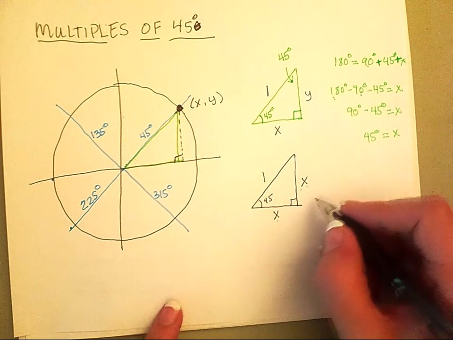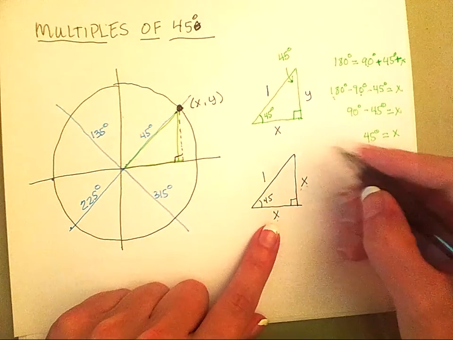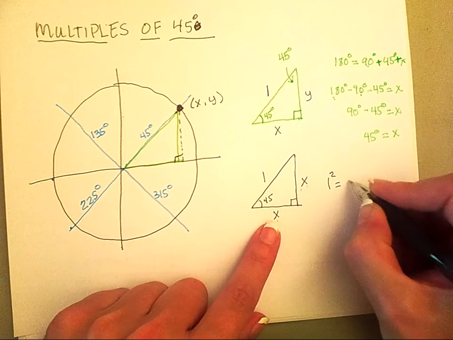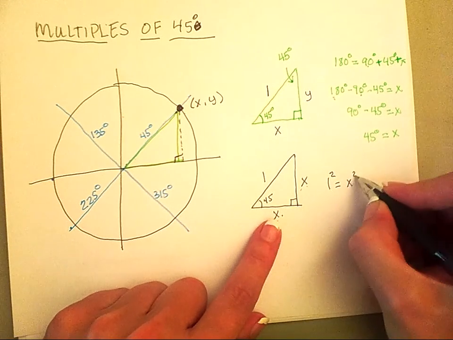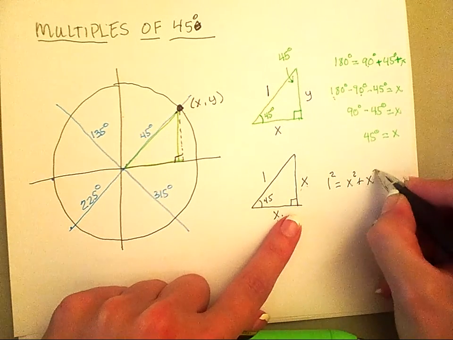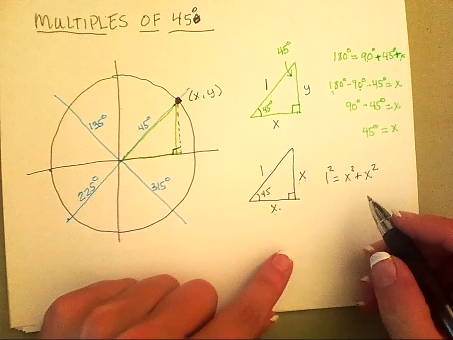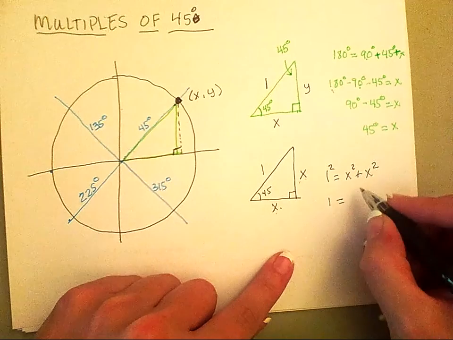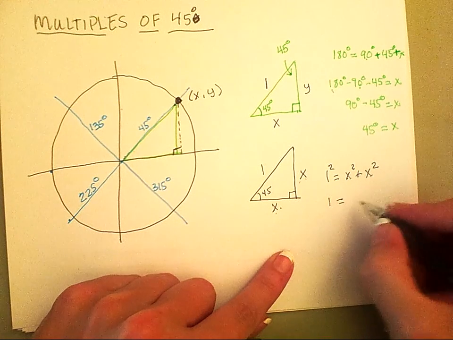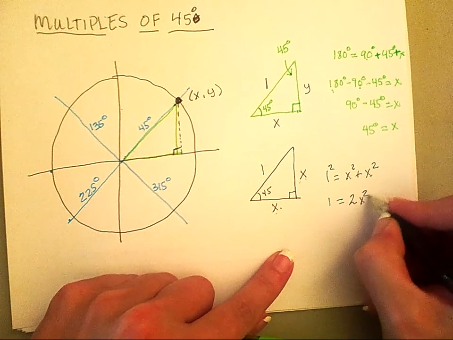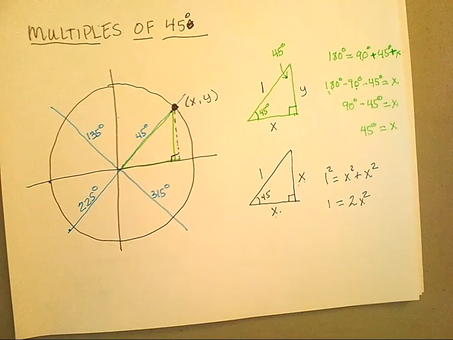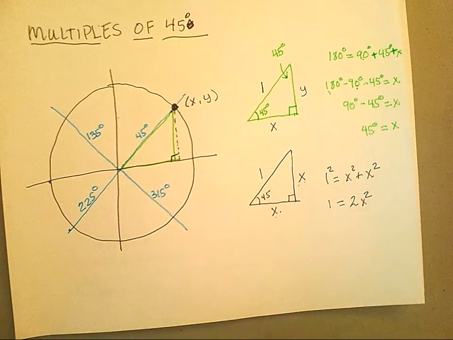Now we can use Pythagorean theorem that says the hypotenuse squared must be equal to a squared plus b squared. So 1 squared is 1. And if I have an x squared plus an x squared, I have 2x squared. This will let us solve for x.